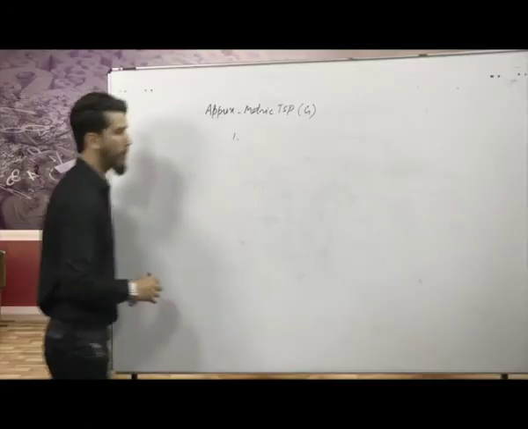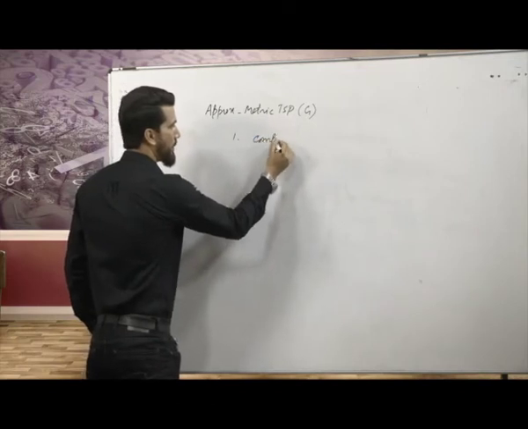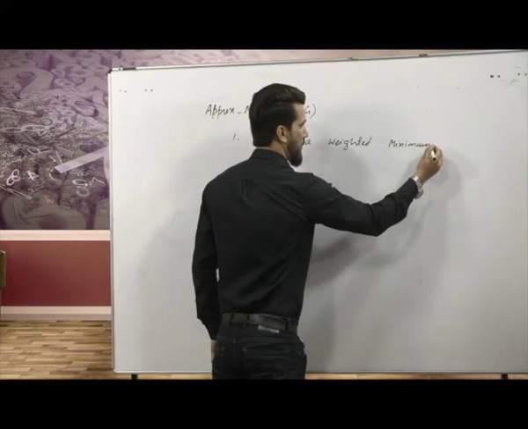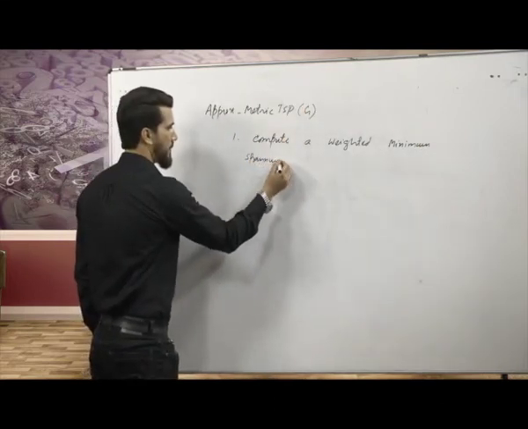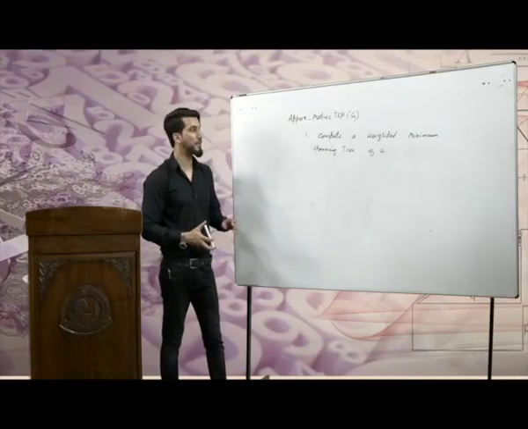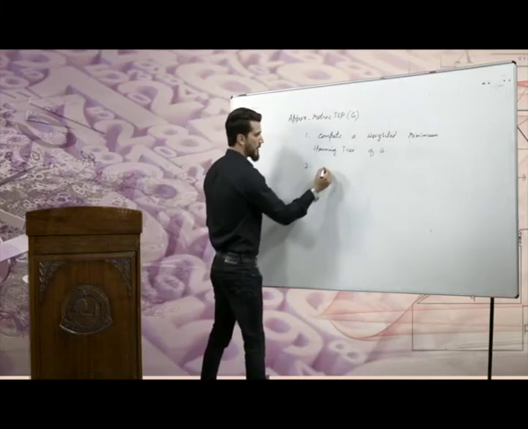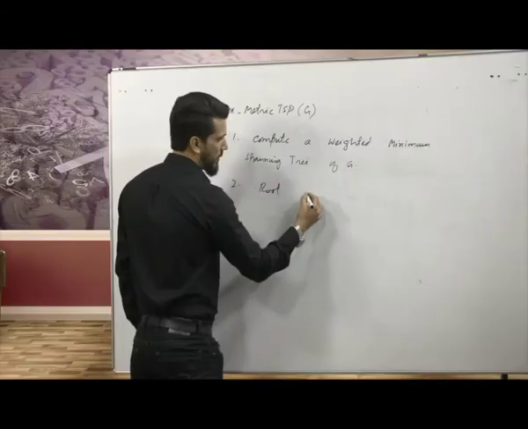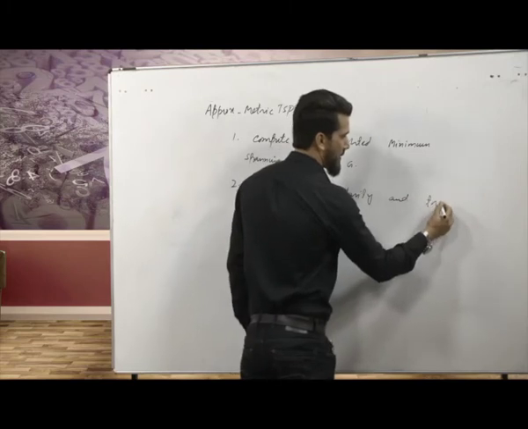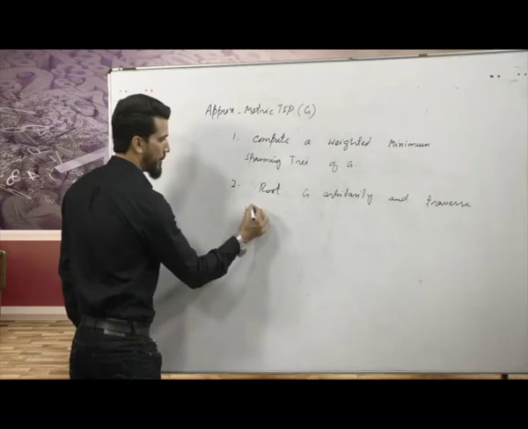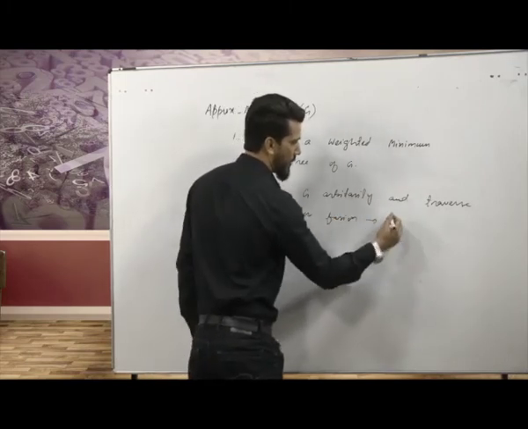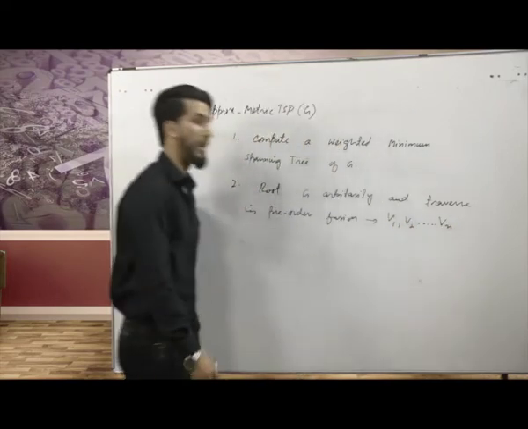Step number 1 here is we have to compute a weighted minimum spanning tree of G. The first thing we'll do is compute a weighted minimum spanning tree of G. Second step is root G arbitrarily and traverse in pre-order fashion, and our output will be V1, V2, up to Vn if we have n vertices in the graph.